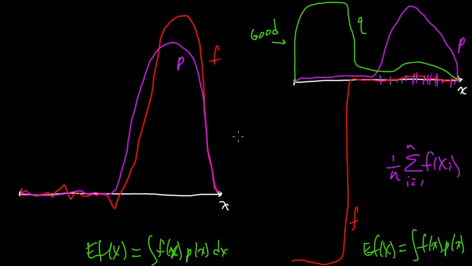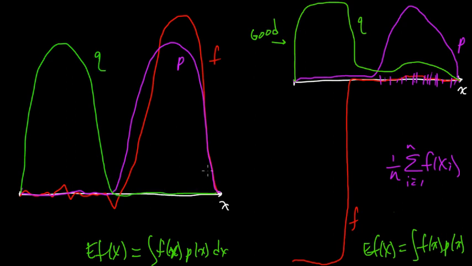Well, all the action is over here, right? Because the product of F of X and P of X is large in magnitude in this region. And it's not doing much over here. It's very small. So if for some reason the constraints are such that we can't sample from the true P, and the only distributions that we can sample from look something like this, maybe draw it more like that, P over here.